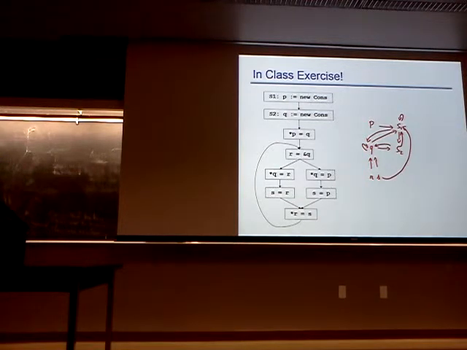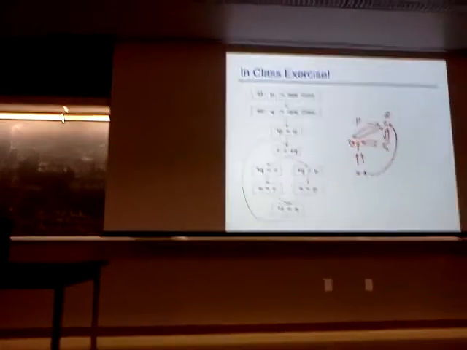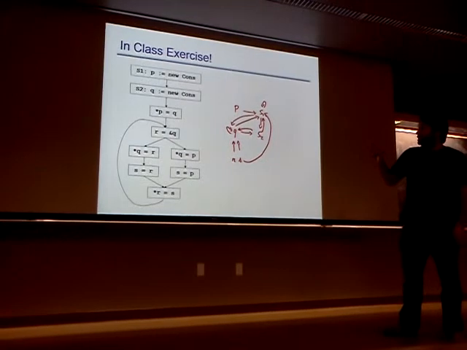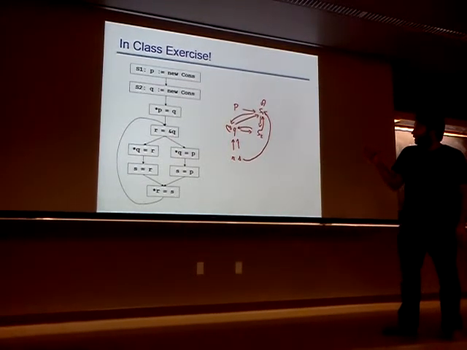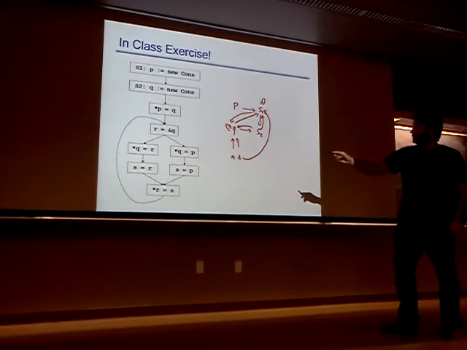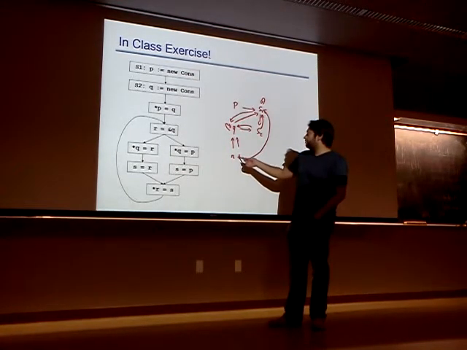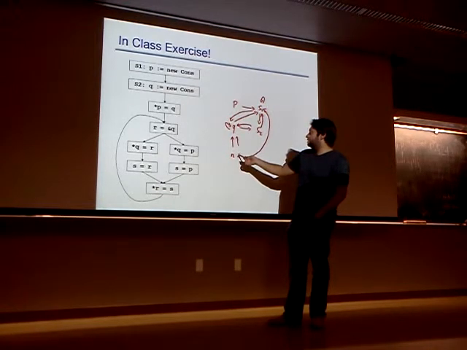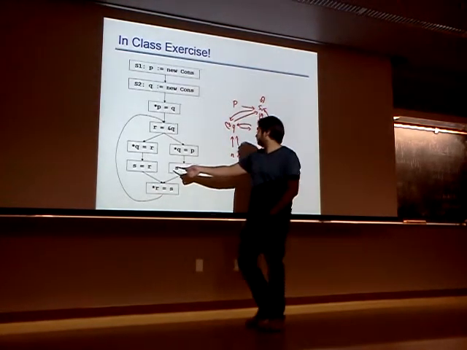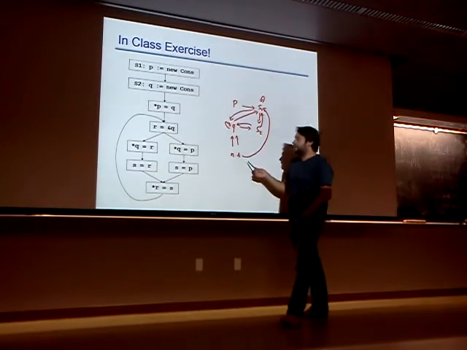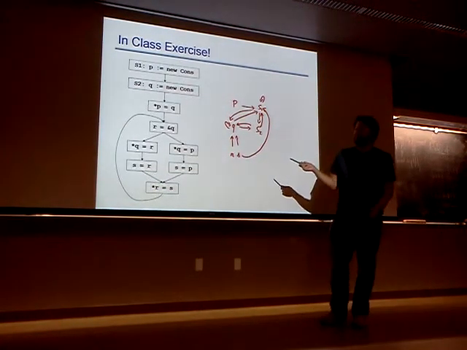Hold on, I think you're jumping the gun, because we're going to talk about this in a second. This assignment here doesn't guarantee that S and R are the same.